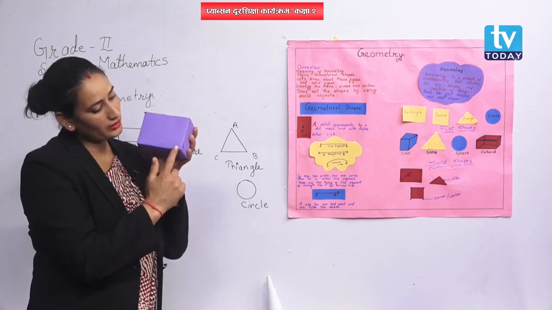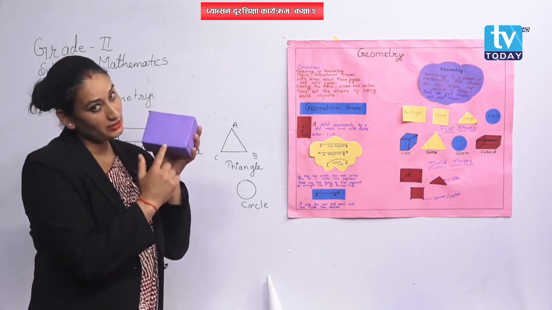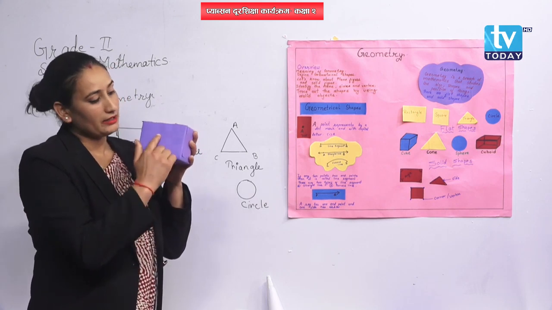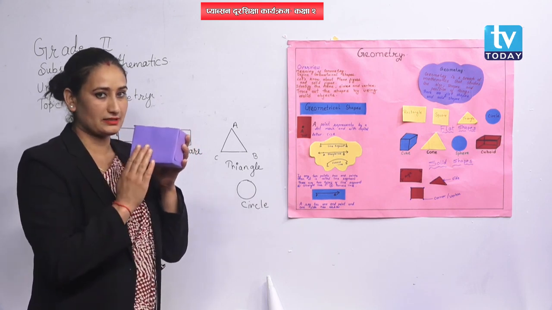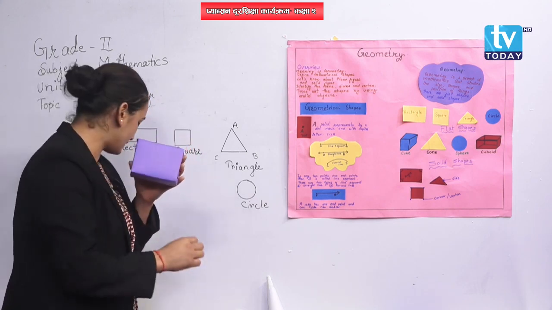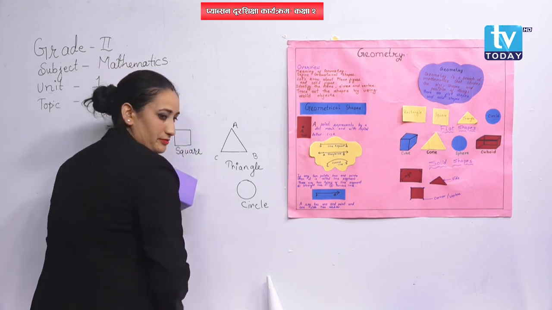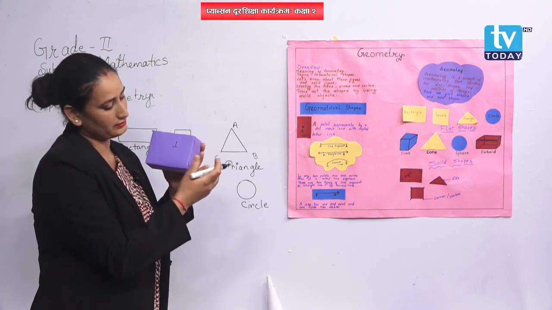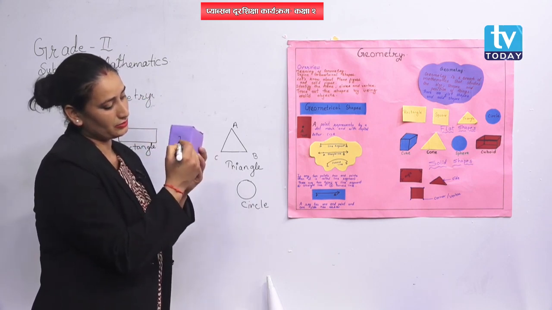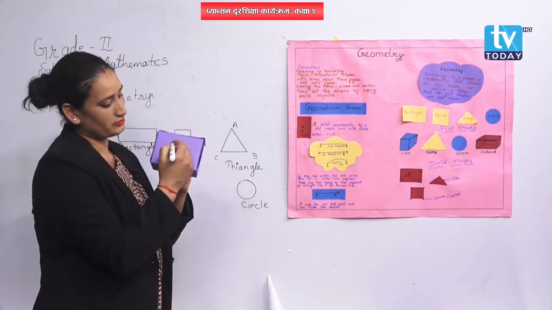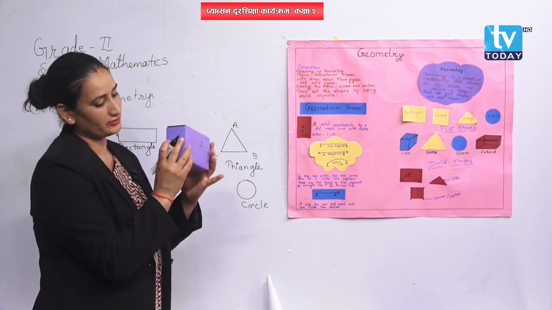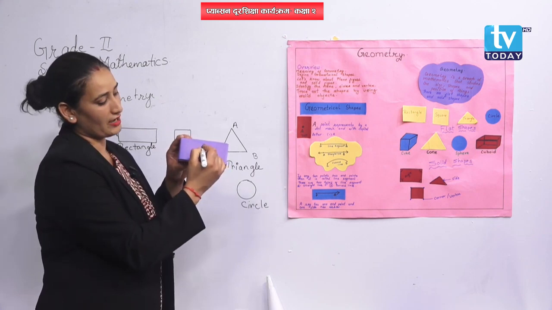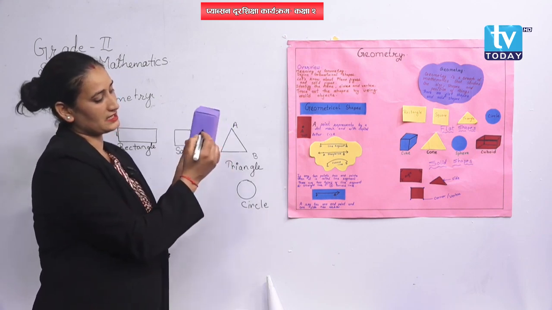And what is the shape of this box? See, it's long, a bit shorter than this one, so we call it a rectangle. And if there are 6 rectangles, I will write the numbers for you, okay? 1, 2, 3, 4, 5, 6.